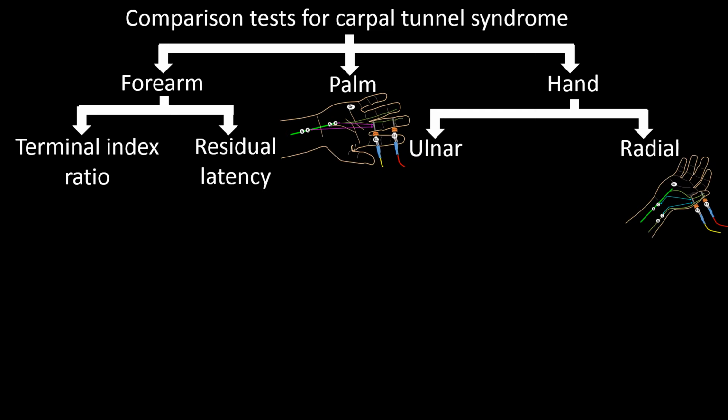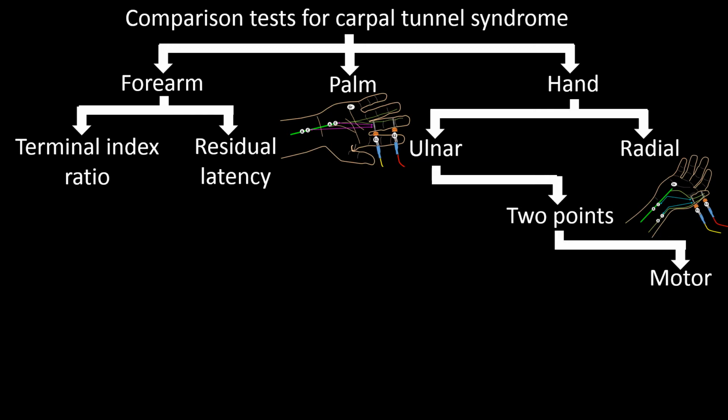Comparison can also be made with ulnar nerve conduction. Comparison between the median and ulnar nerve conductions can be made using two different recording points, as long as we keep an equal distance between the cathodes and the recording electrodes in both tests.